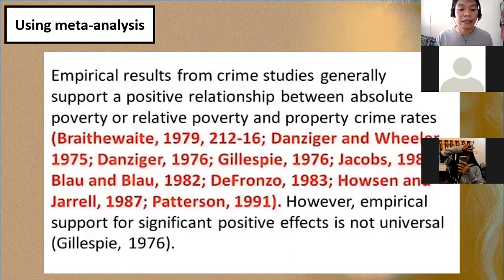So you need to maintain the thoughts they are implying or expressing. This is meta-analysis. As you can see, there are many authors in the in-text citation. It means the author of this specific excerpt read different writings by these authors related to his crime studies.